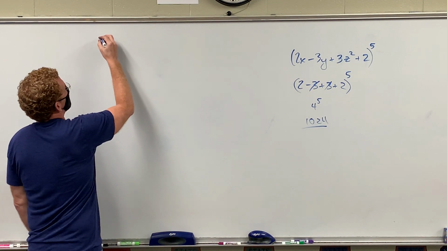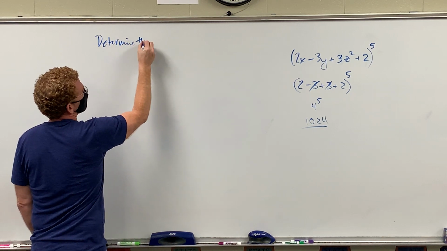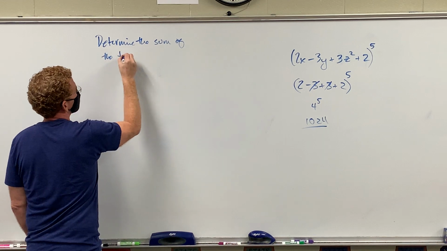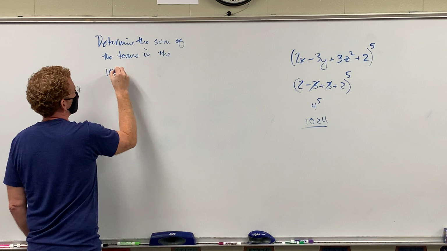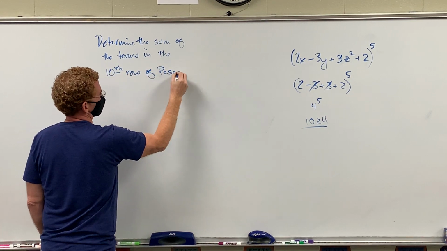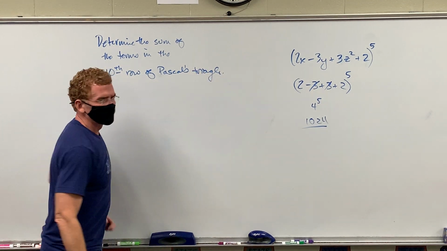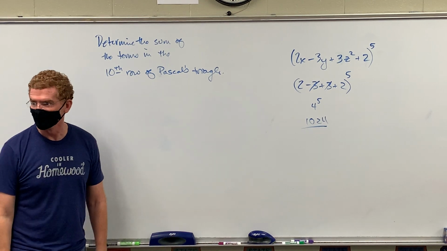They'll say something like, determine the sum of the terms in the 10th row of Pascal's triangle. Well, a sucker does this. Man, I can do this. I got some free time, right?